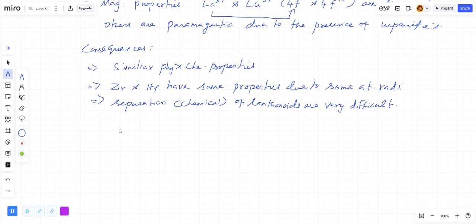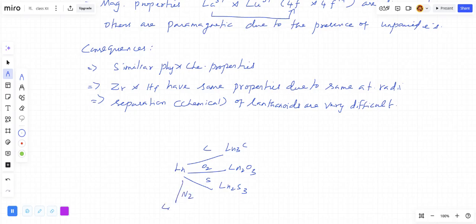Now its chemical properties. Taking lanthanum, all of them show the +3 oxidation state, so they easily form LnC3 with carbon, Ln2O3 with oxygen, Ln2S3 with sulfur, and with nitrogen LnN.